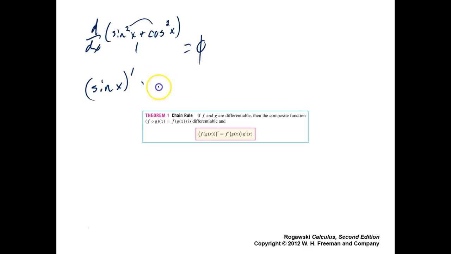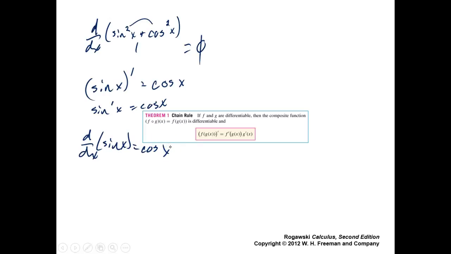That was equal to cosine. As soon as I saw it was equal to cosine, this is the same as sine prime x equal cosine x, or d by dx of sine x is equal to cosine x. All those mean the same, okay?